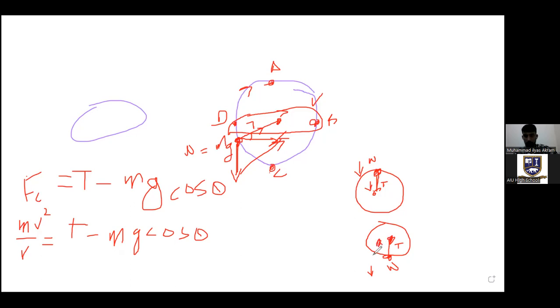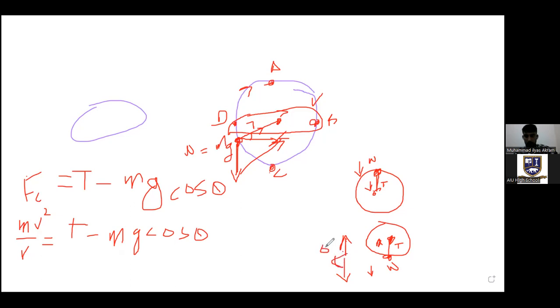So here the angle is equal to 180, because these both are in opposite directions. The tension is on the upper side, while the weight of the body is moving downward at the point C.